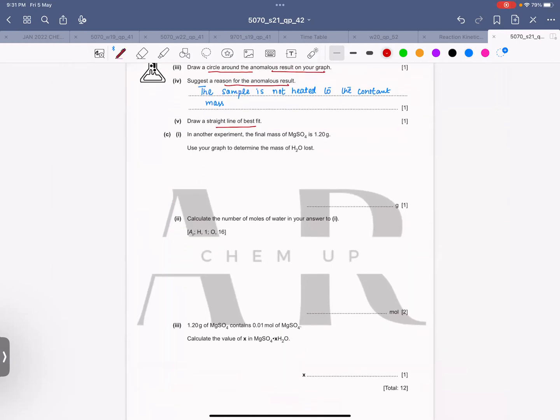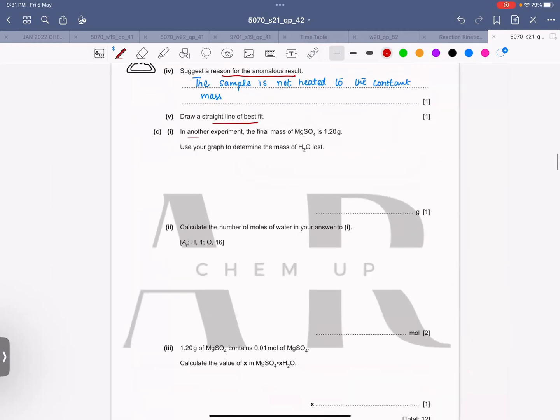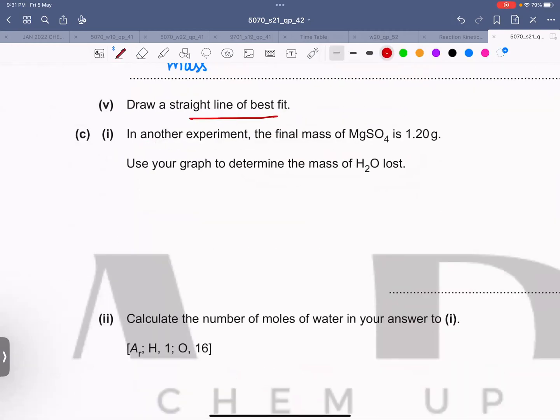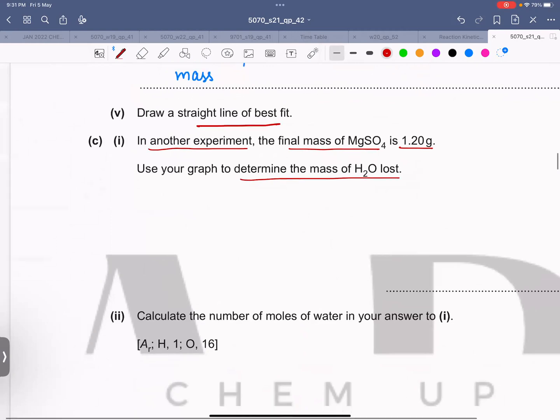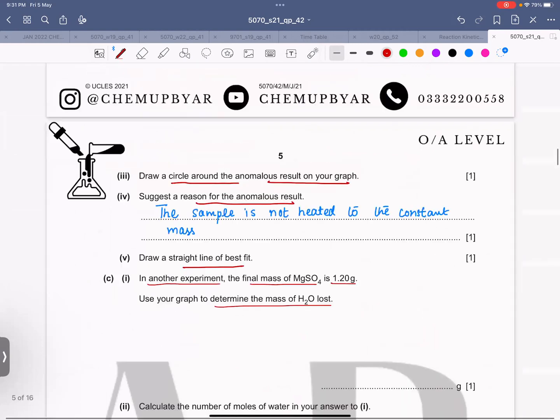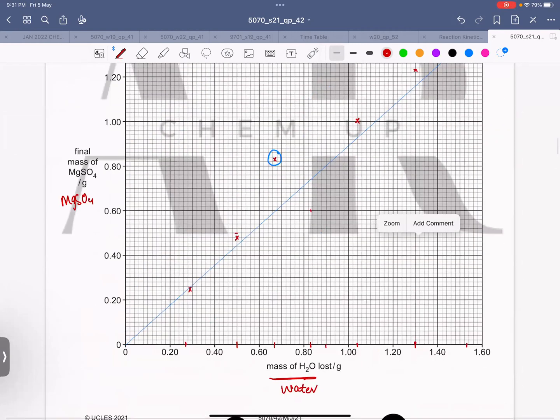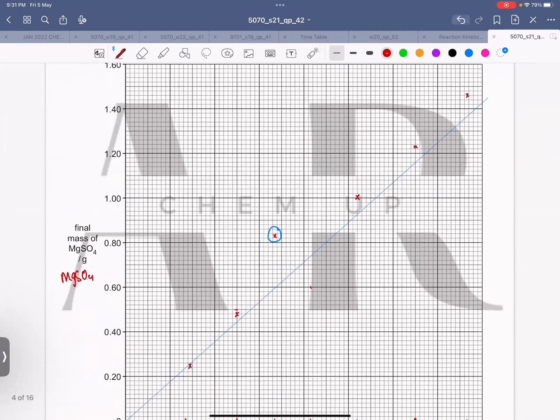Next part. In another experiment, the final mass of magnesium sulfate is 1.20 gram. Use your graph to determine the mass of water lost. So I have to make the correct line. Let me try it again.